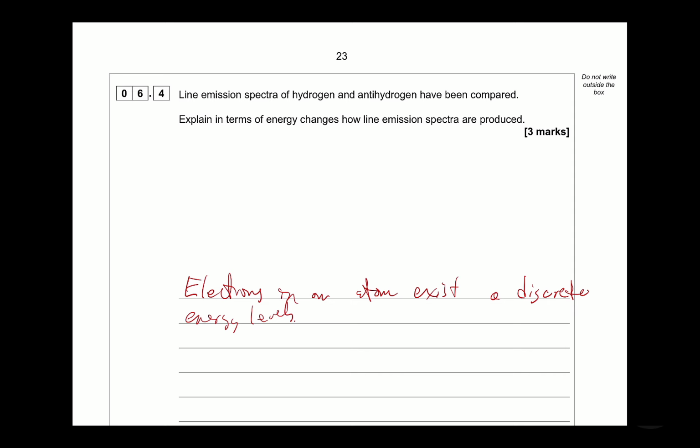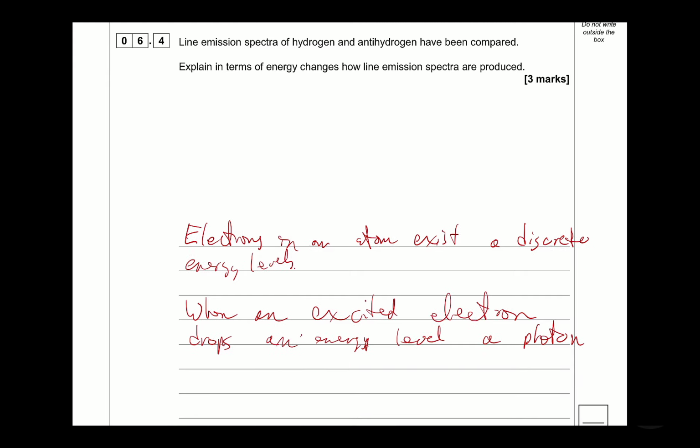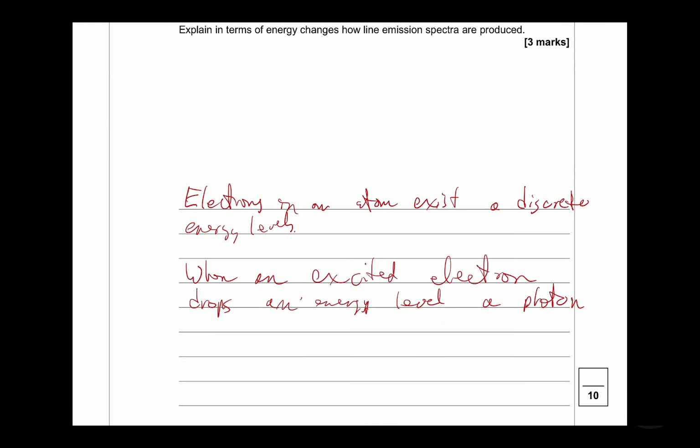So when an excited electron drops a shell, sorry, I'm going to call it an energy level, a photon is emitted.